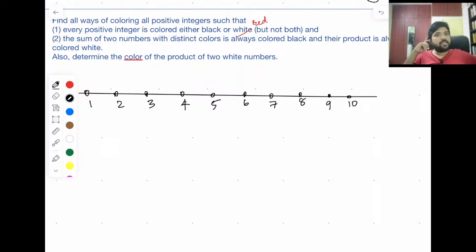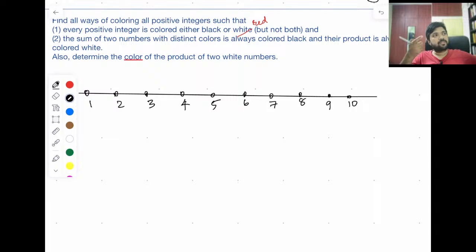So there's a suggestion in chat that the even numbers should go to white and odd numbers to black. That's wrong, right? Yeah, that's wrong because you take two distinct colors, their sum is always colored black. In Lorentz's suggestion of even and odd, if you take two distinct odd numbers, they are both black, but their sum will be even, it's white.